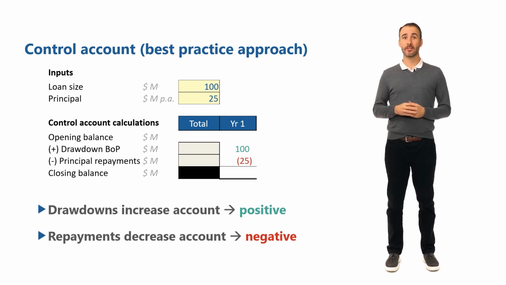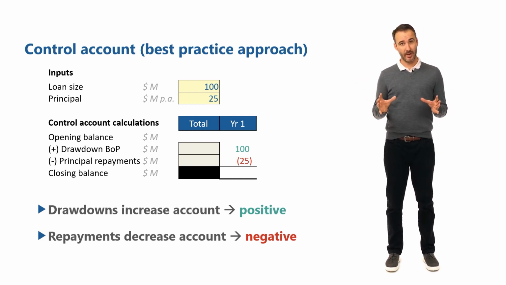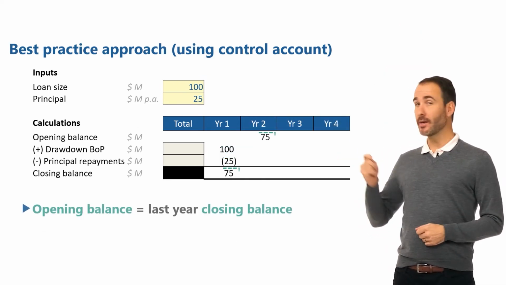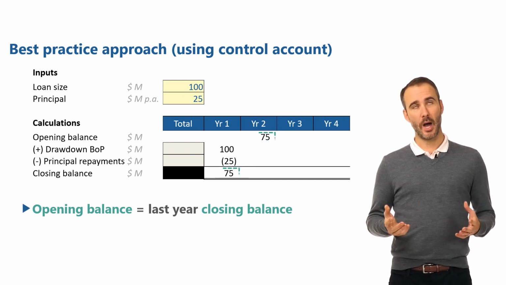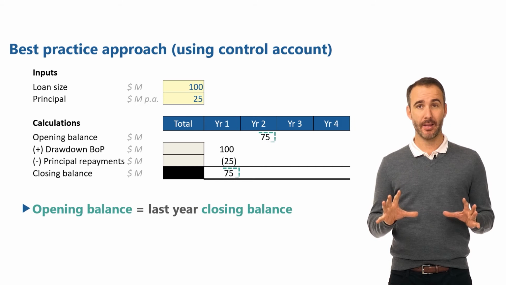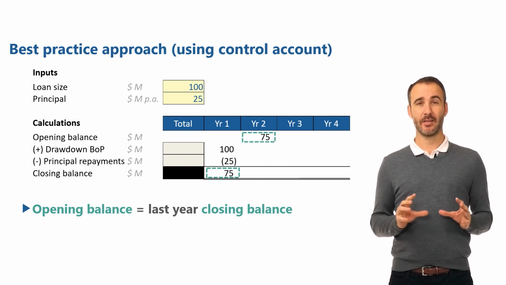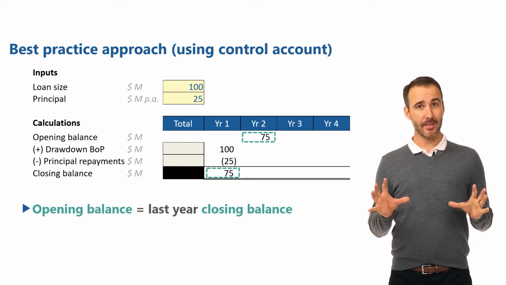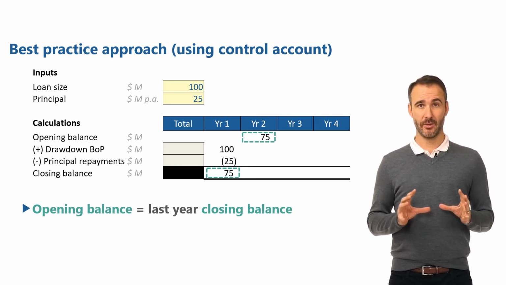I have a closing balance of 100 minus 25 equals 75 million. And my opening balance in year 2 just equals the year 1 closing balance. Why? Well, the closing balance in year 1 represented the balance at the very last second of year 1. And the opening balance in year 2 is just the balance at the very first second of year 2.